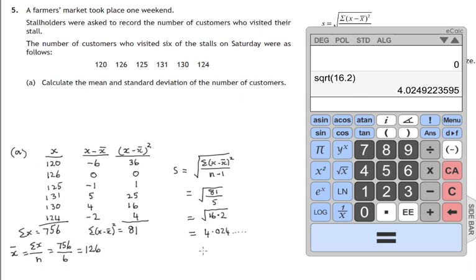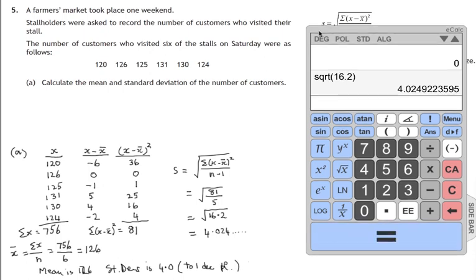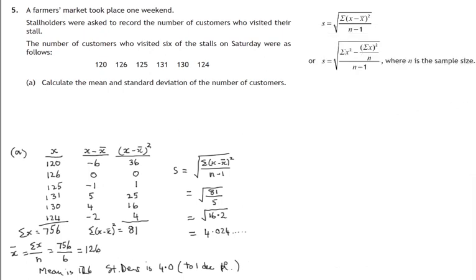There's no indication of how accurate that should be, but we've basically answered part A, where we have the mean, which is 126, and the standard deviation is 4.0. Chopping that 2 off just leaves that 0. The accuracy is to 1 decimal place. So that's the answer to part A.